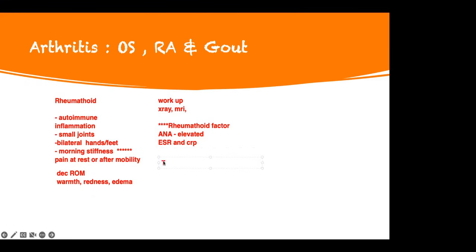Based on what we've talked about, how would you teach this patient? Here, teaching, okay, teaching. Remember about the stiffness. So you teach them to have range of motion exercise in the morning. That's where they're stiff, not in the afternoon.